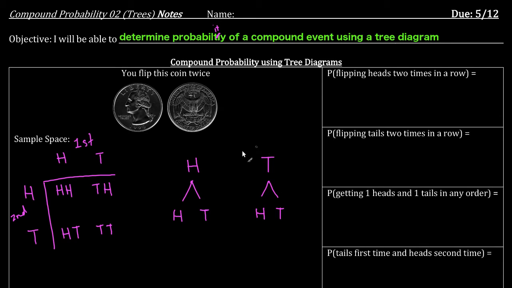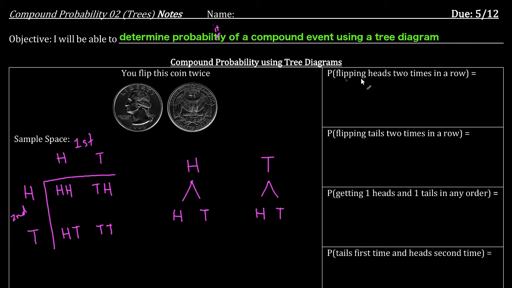This way doesn't look as nice, I think, in some ways, but it does show it different. The way it shows it is kind of cool. So you can get a heads, heads, or a heads and then a tails, or a tails and then a heads, or a tails and then a tails. So you kind of got to follow it a little bit.